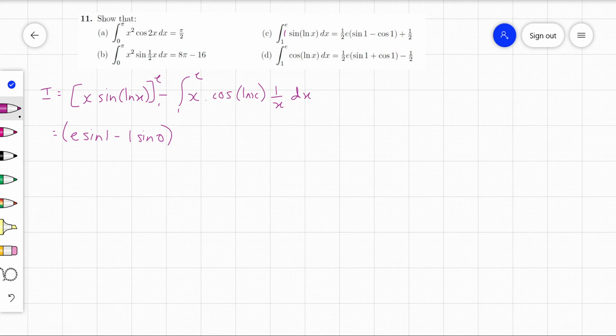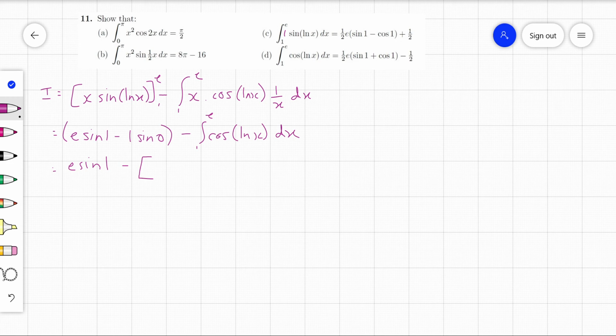All right, minus, so here I'm back to the integral from 1 to e of cos log x dx. So yeah, we can go again with that one. Let me just simplify this one. So this is e sine 1. So 1 sine 0 is just 0. All right, so we're going minus.